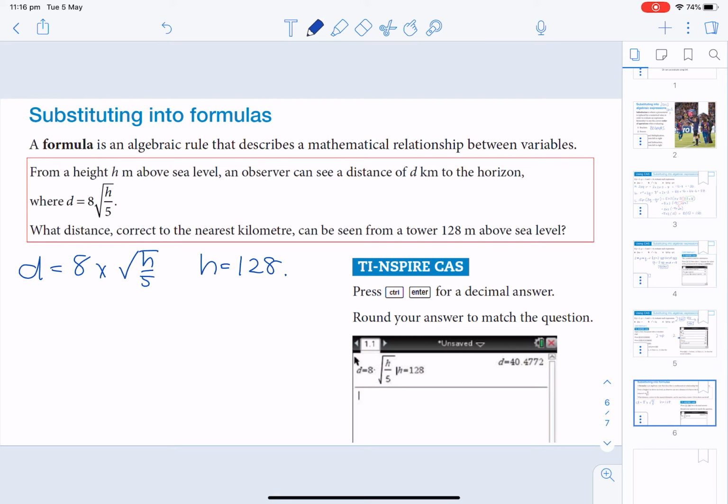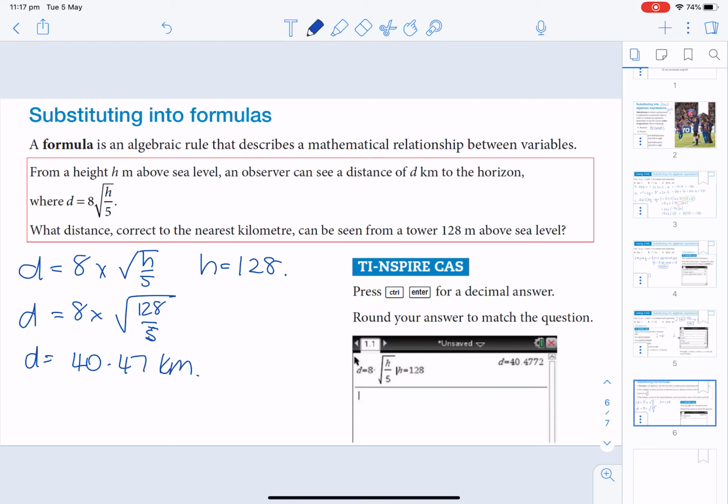So the first thing I would do is substitute in 128 over 5 square root sign, and then find your answer and multiply that by 8.